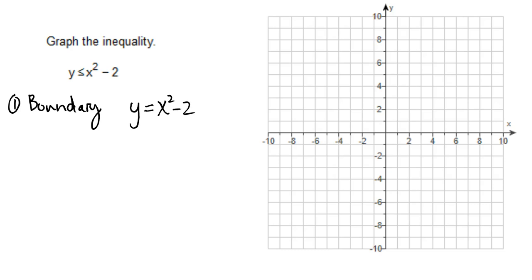Now this is the equation of a quadratic, which has a graph of a parabola, and the parabola is shifted down 2 units. I'm going to graph this boundary line with a solid line because the original inequality has an equal to. So I'm going to start at 0, 0, shift down 2, that's where my vertex is, and draw the graph of my parabola.